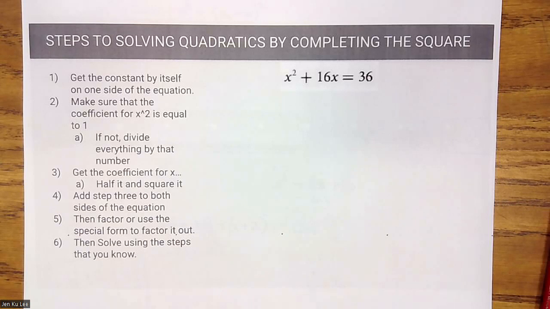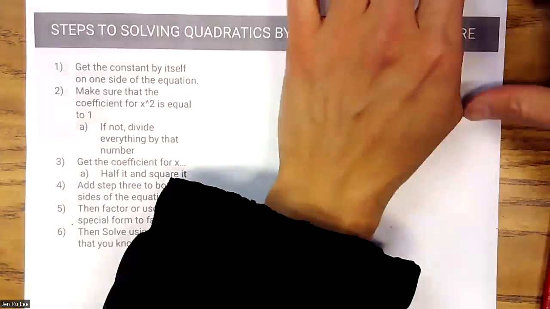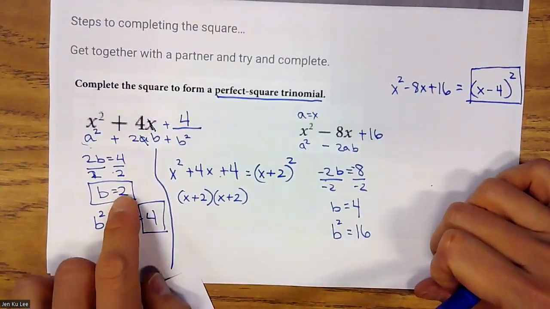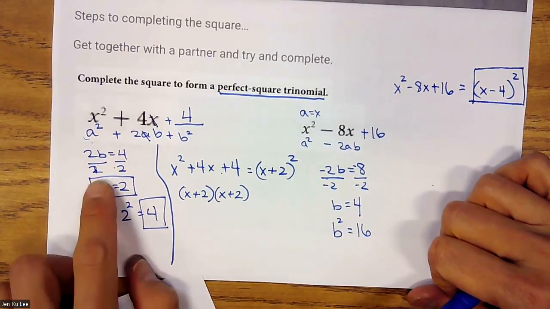And then step 3, to get the coefficient for x. So we're going to get that coefficient for x, and then we're going to half it, and then we're going to square it. We half it and we square it because of what we did here. Okay, in order to get my b squared value, I halved it.